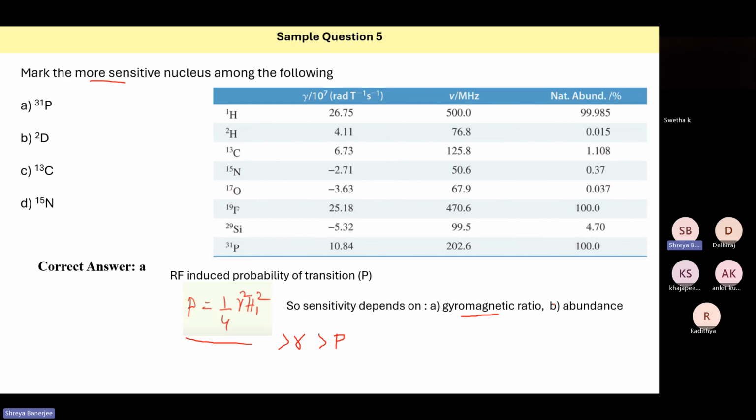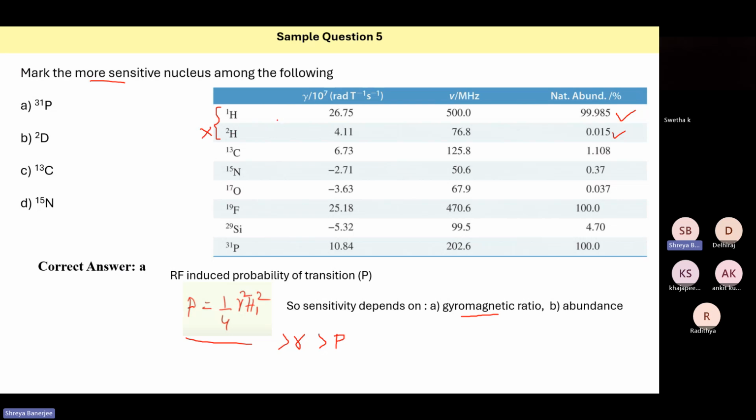And secondly is the natural abundance. Suppose you see the abundance of 1H and 2H. In nature, 99.985% of hydrogen is 1H. Only 0.015% is 2H. That is why we don't use 2H for NMR spectroscopy.